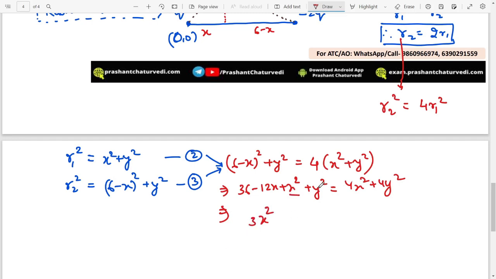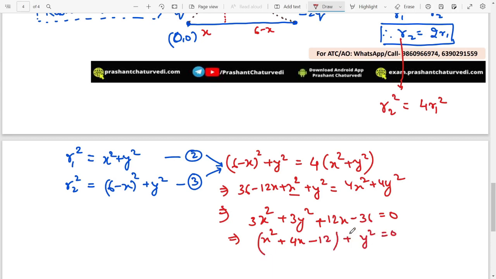When it goes this side, this will also become plus 3y square, and this will be minus 12x, so it will become plus 12x, and when this goes this side, it will be minus 36 equal to 0. Simply take 3 common out, so x square plus 4x, keeping all the x terms together, minus 12, keeping this separate, plus y square is equal to 0.